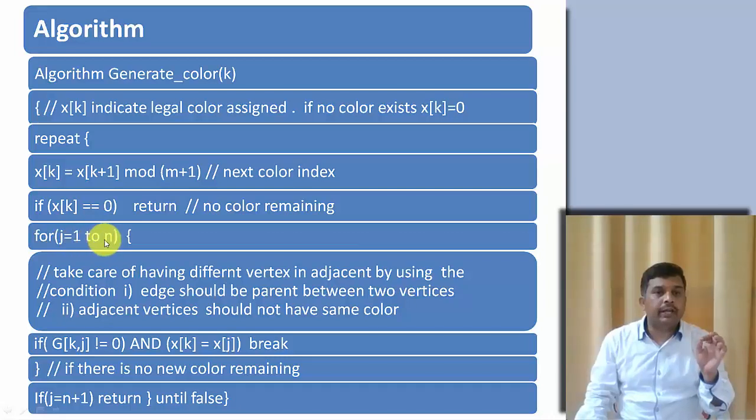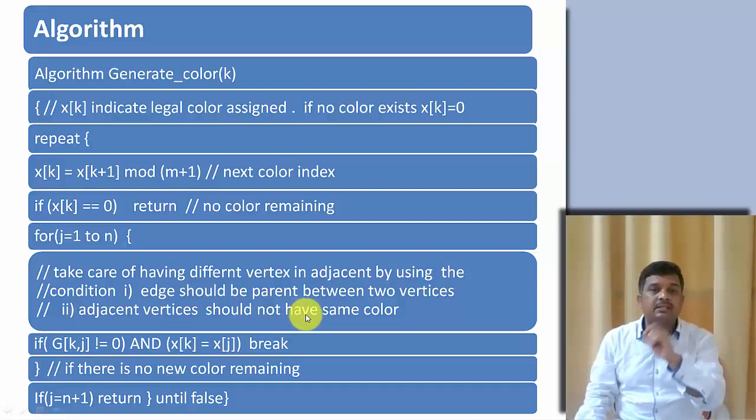Then for j equal to 1 to n, I have to check these two conditions. So what do I have to do? Take care of having different colors on adjacent vertices by using the condition. What condition do I have to use? An edge should be present between two vertices, and adjacent vertices should not have the same color.